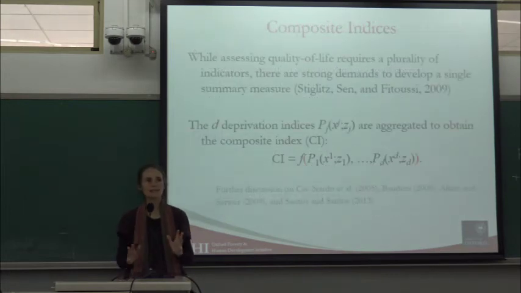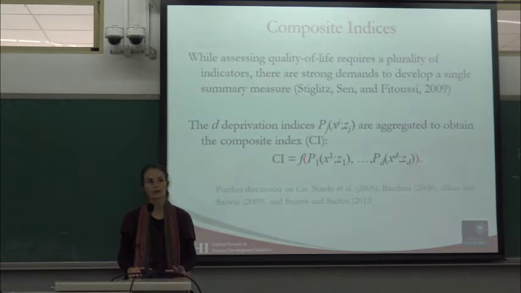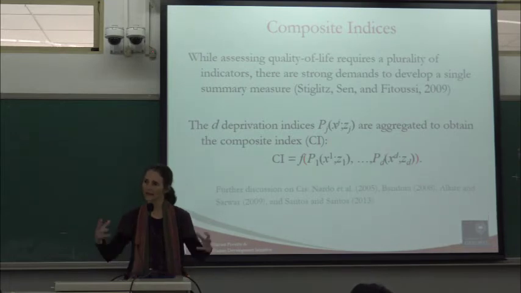Okay, so the second methodology has to do with the creation of composite indices. And I want to clarify that we're using composite indices and distinguishing an MPI from them. So we are not calling an MPI a composite index. And that is because the MPI identifies who is poor separately and then aggregates information on poor people.